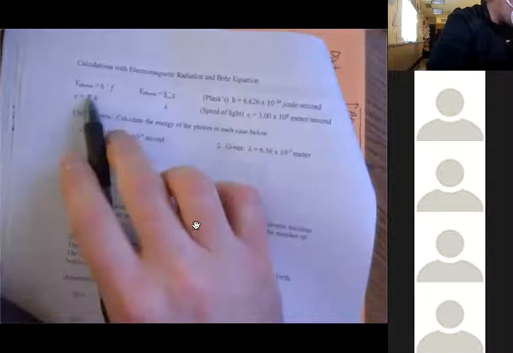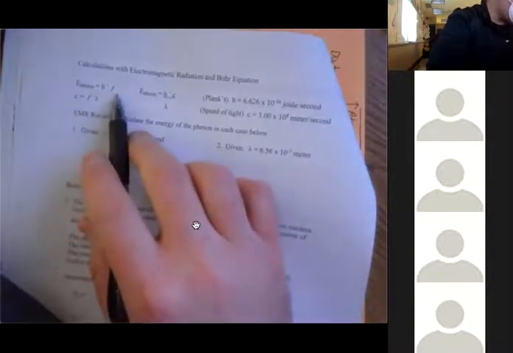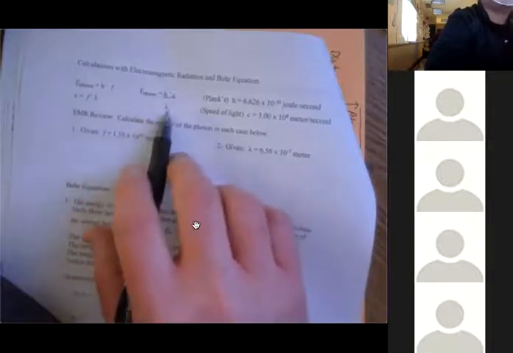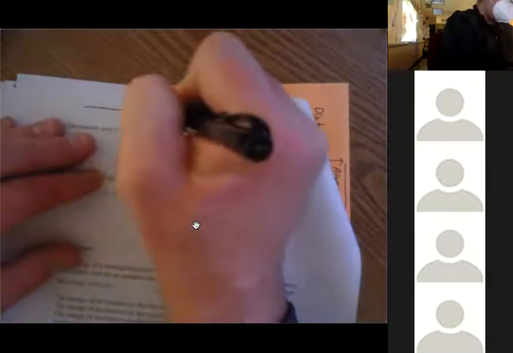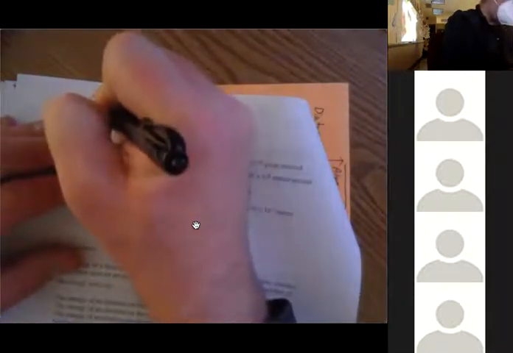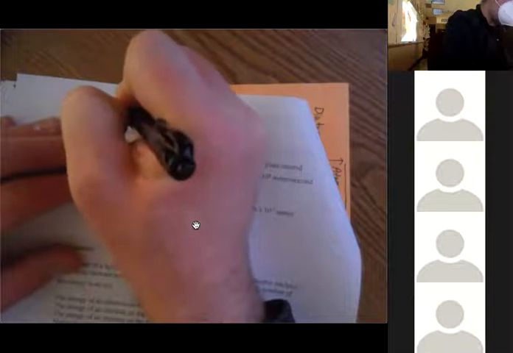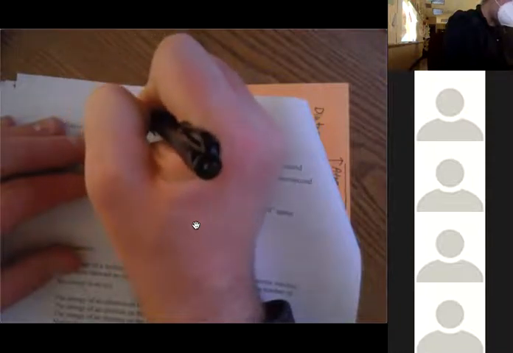So let's take a look at these things up here. We have energy of the photon equals hf, and energy of the photon equals hc over lambda. So let's talk about those waves that we started talking about at the beginning of class. The distance from here to here is a lambda, or what we call the wavelength.